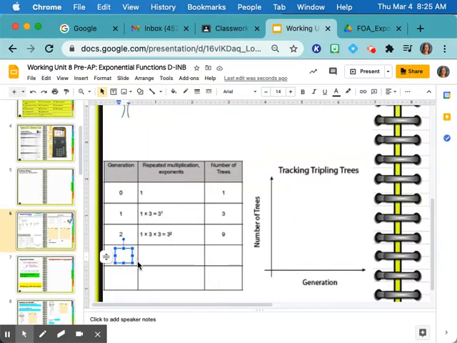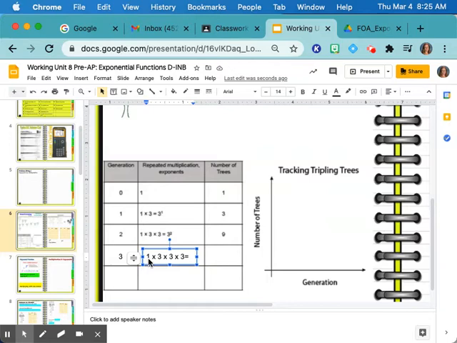So let's fill in the table for the next one. So this will be the third one. So put a 3 there. I already have text boxes for you. So then the repeated multiplication would be 1 times 3 times 3 times 3 more. Which we can write as an exponent.